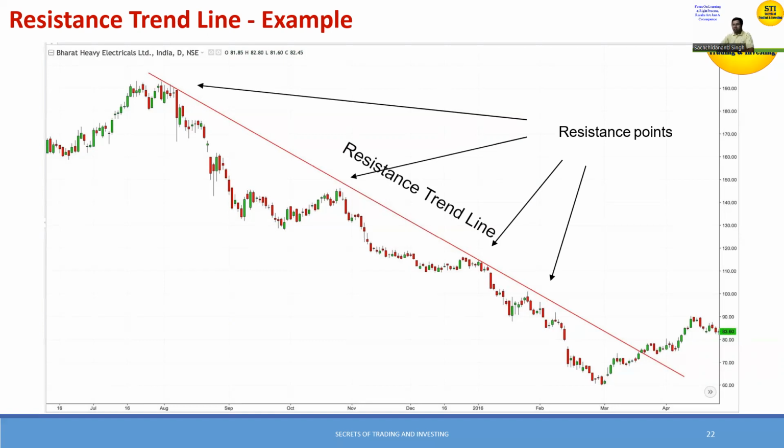Drawing a trend line is very, very important. Based on this trend line, we are going to get many things: I can say the targets, sometimes stop losses. So this is a very basic and one of the most important concepts in the stock market. Trend line, that is support line and resistance line.